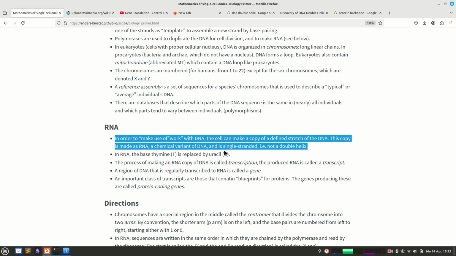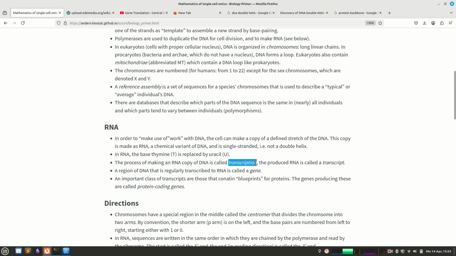That's called the promoter. And at the end, there's another marker which marks the end of a gene. This making of a copy is something we call transcription. The produced RNA is called a transcript or a messenger RNA, messenger RNA because it's a message from the nucleus to the cell plasma.